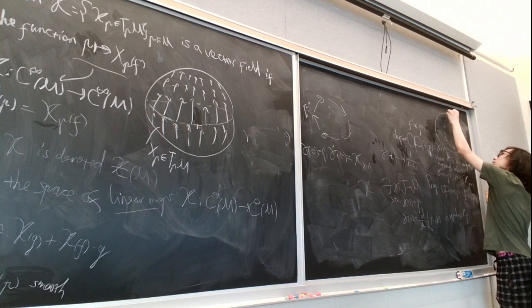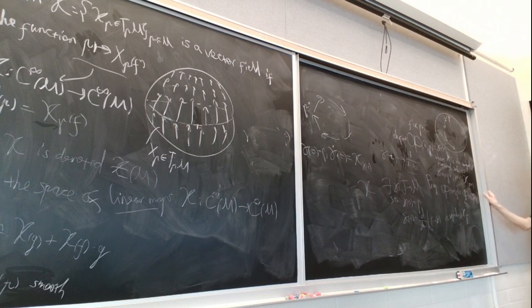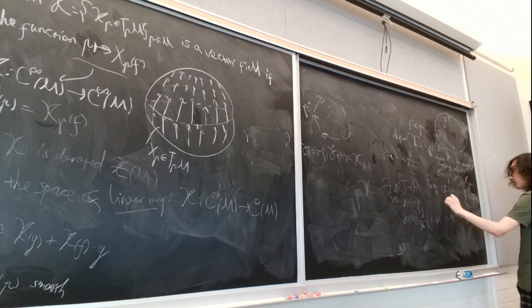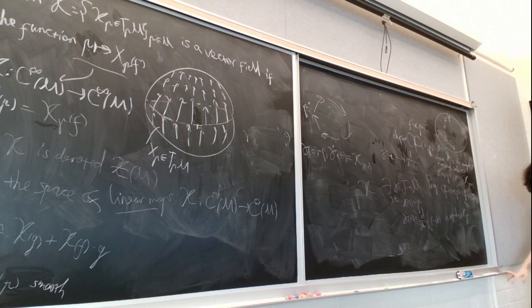Okay. A big important property of flow along a vector field is this: suppose I start at point P and I flow for time t plus s. I end up at some other point. That is the same as starting at point P, flowing for time s, and then starting there again and flowing for time t.